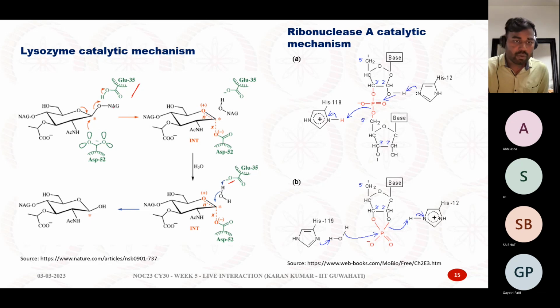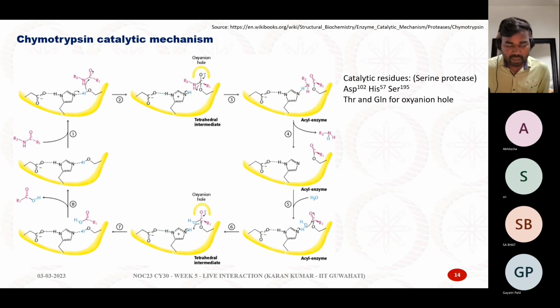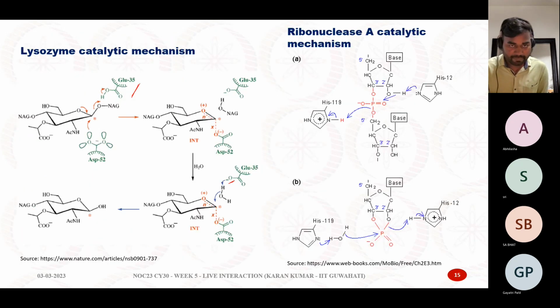The optimum pH for lysozyme is 5, but all the amino acids in the active site do not have the same pKa value, so based on the environmental pH, they will act accordingly.